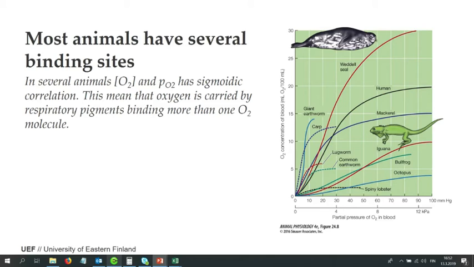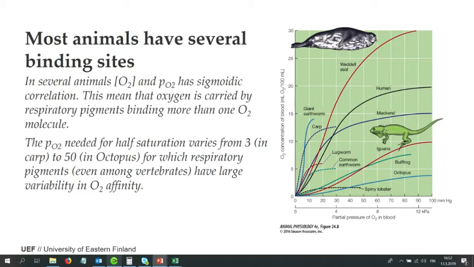But you can see that they are not only on different scales in how much oxygen you can carry in the circulation, but also some are more leftward and some more rightward. That's why the partial pressure of oxygen needed for half saturation varies from 3, for example in carp, to 50 in octopus. That means the respiratory pigments have quite a variability in oxygen affinity.